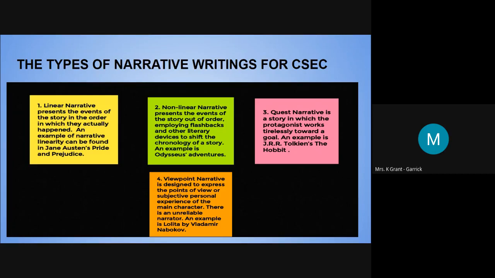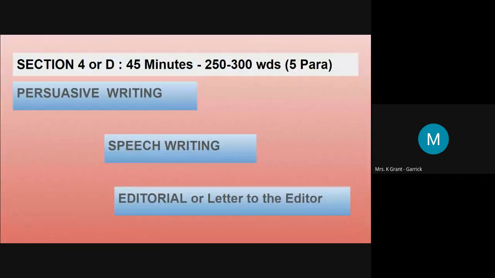You could have a quest narrative in which the protagonist works tirelessly towards a goal. And then, of course, you have the viewpoint narrative, where the characters' information is presented in such a way that we see an unreliable narrator experiencing certain situations or problems.